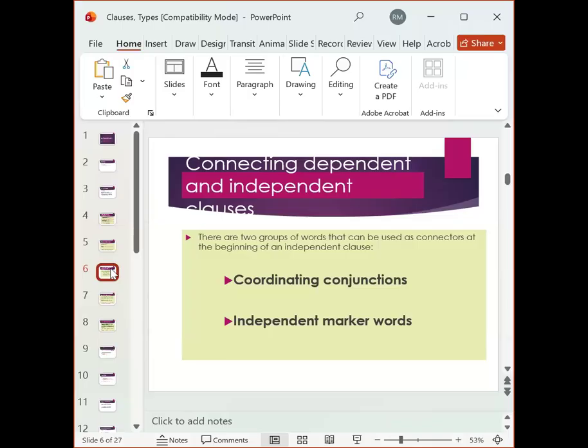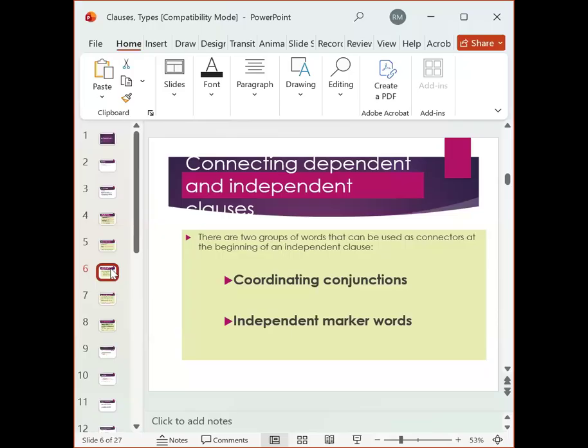Coordinating conjunctions are words that are used to join two independent clauses.